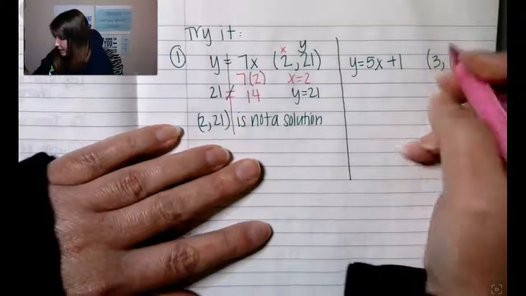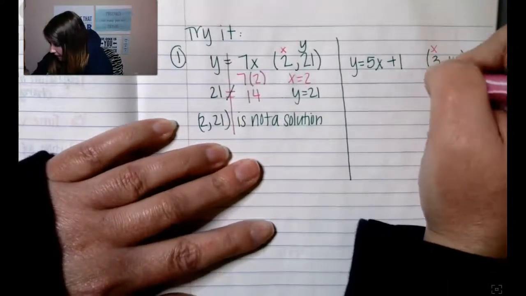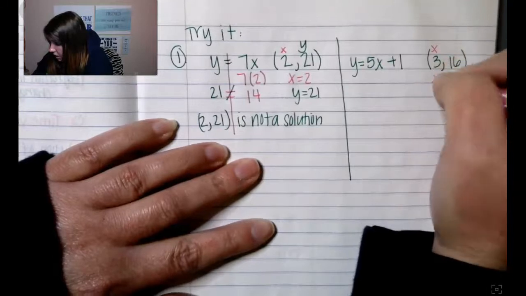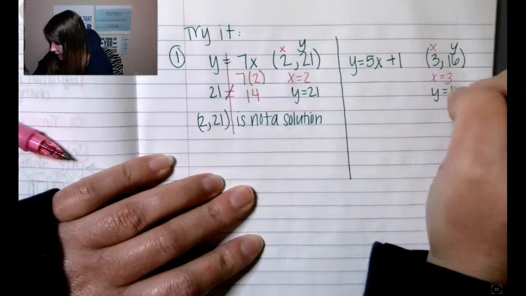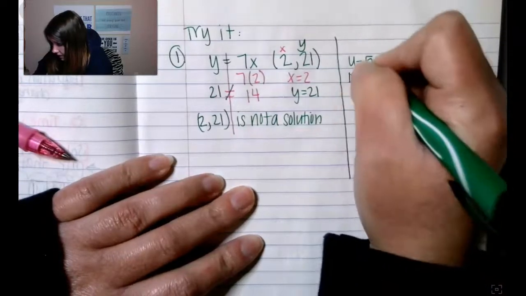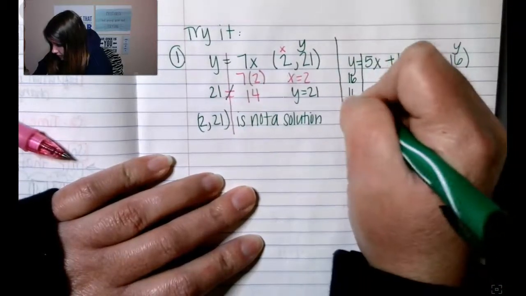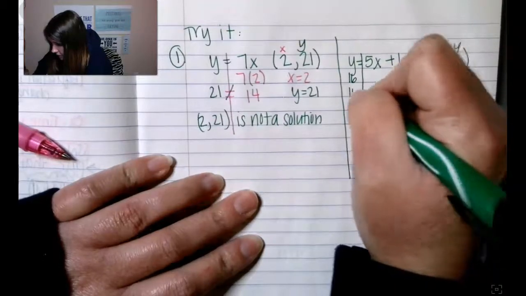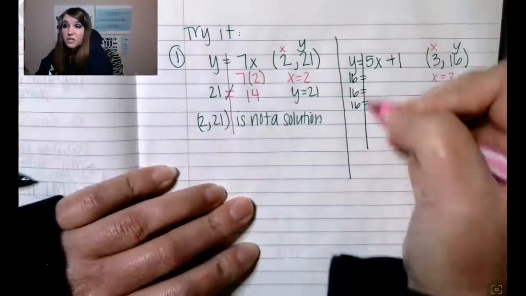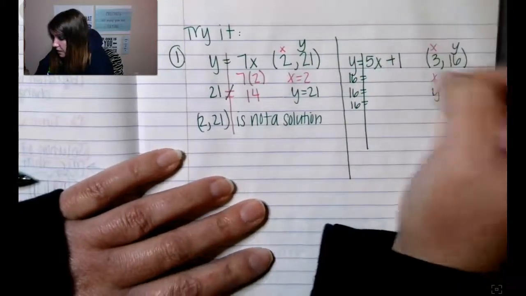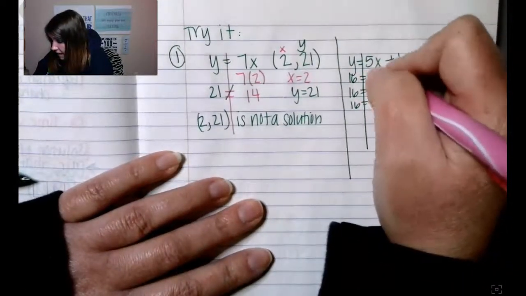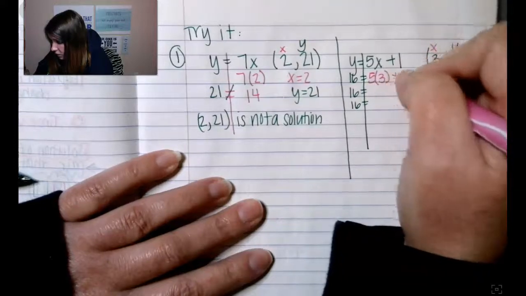Okay, here we go. Next one. X equals 3. Over here we have y, and y equals 16. So I'm going to put 16. I want 16 to be equal over here. I just filled it in because it was easier to do that. Okay, now I know this is 3, so I'm going to say 5 times 3 plus 1.